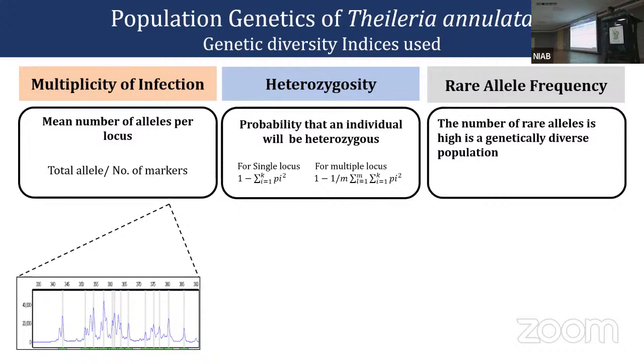A perfect study would be where you can do a random sampling and collect samples from every region and every part of the region. But obviously, we also need samples which are actually infected with Theileria annulata, and it may not be possible to collect from every part of every state.